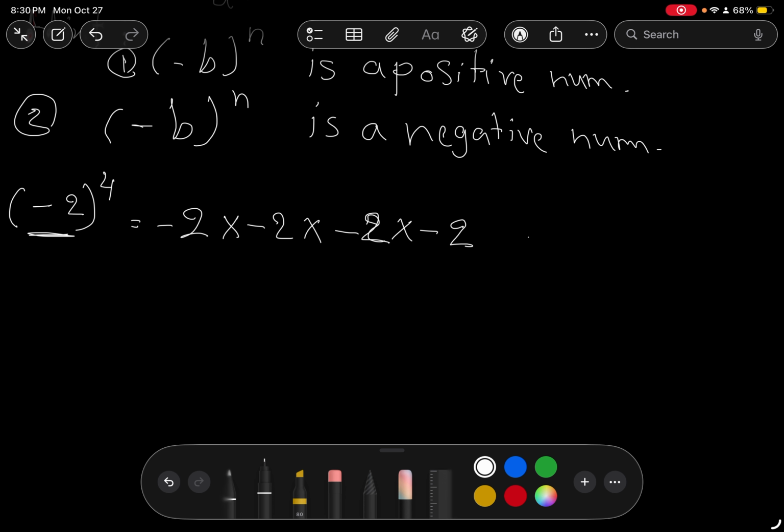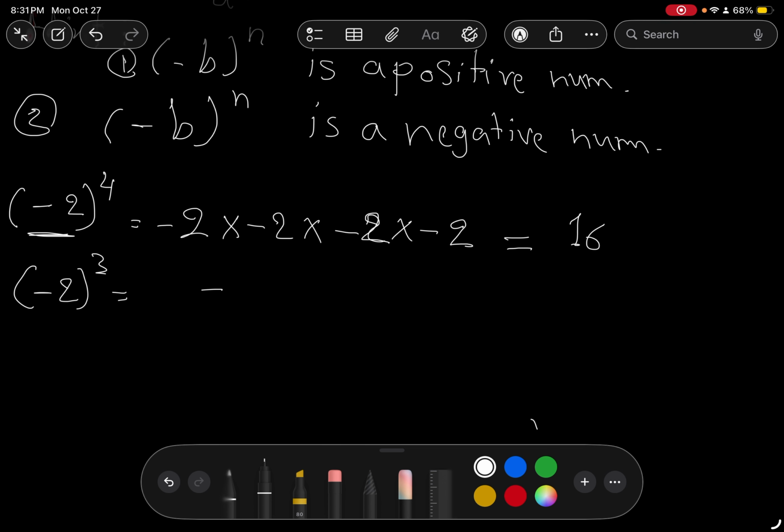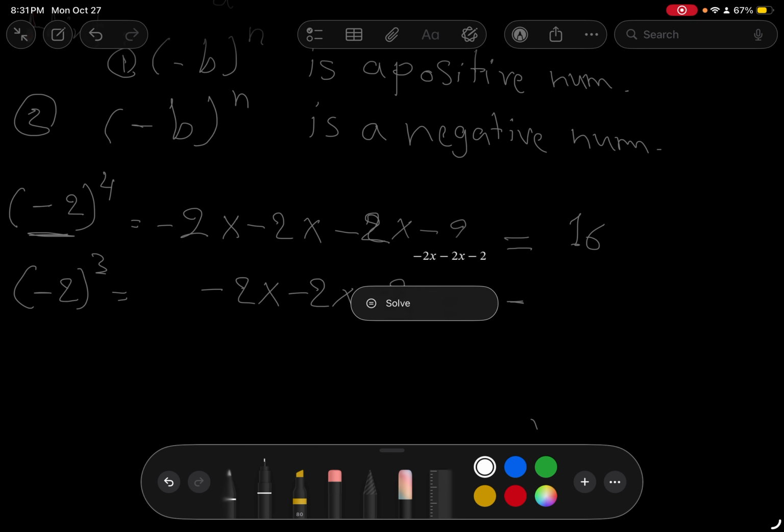So 2 times 2 is 4, times 2 is 8, times 2 is positive 16. But negative 2 to the third equals negative 2 times negative 2 times negative 2. So it is equal to negative 8.